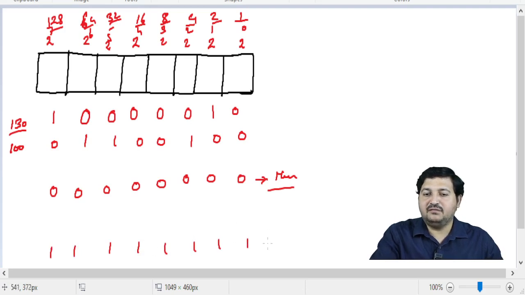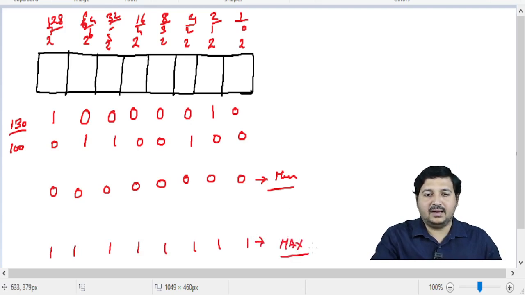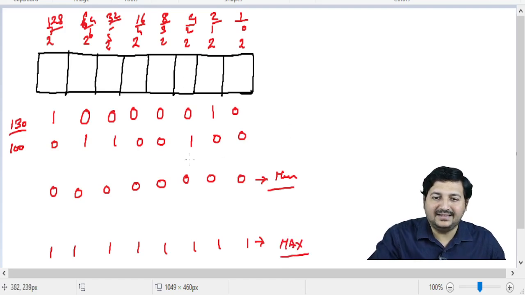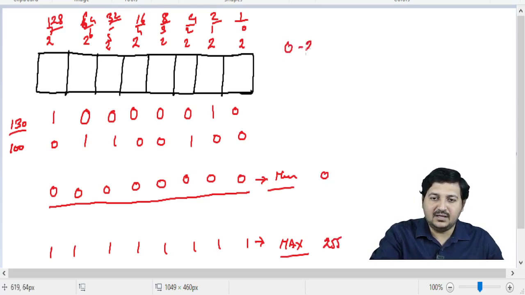Beyond this we don't have any value. All zeros in all 8 bits gives 0, and all ones in all 8 bits gives 255. So if someone asks you what is the range of an octet, you can say 0 to 255.